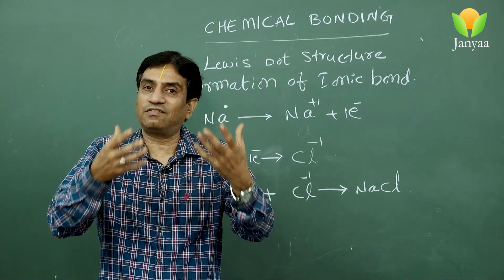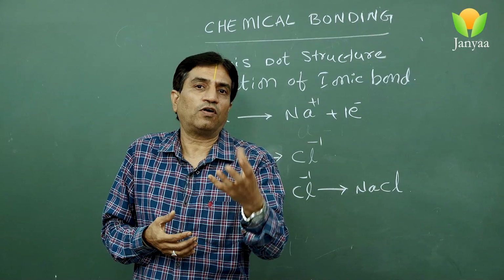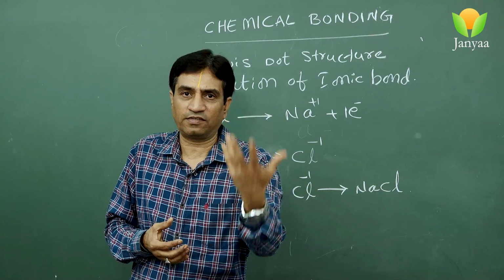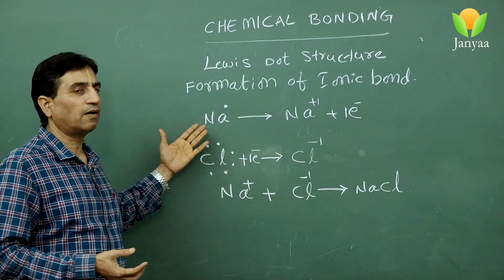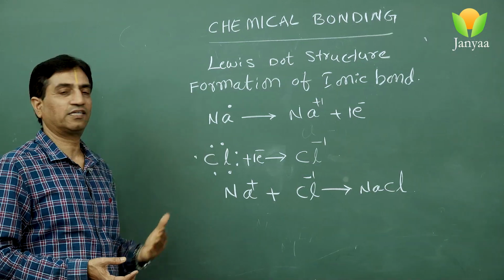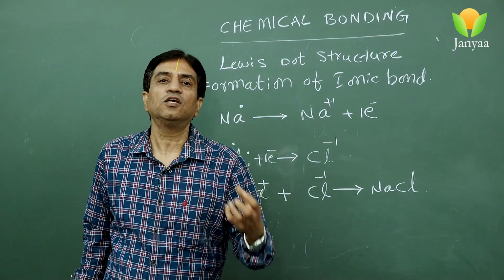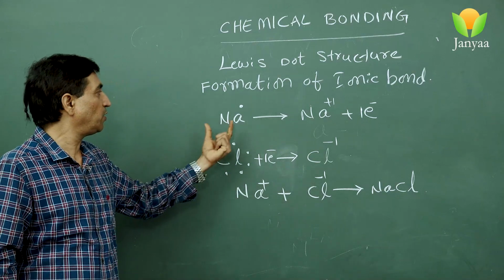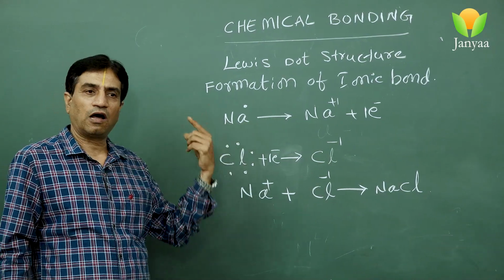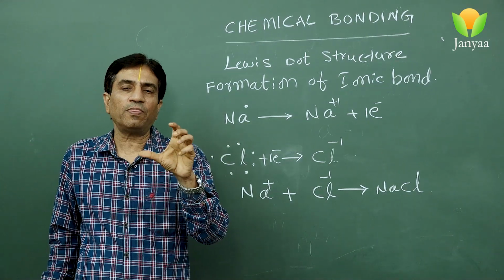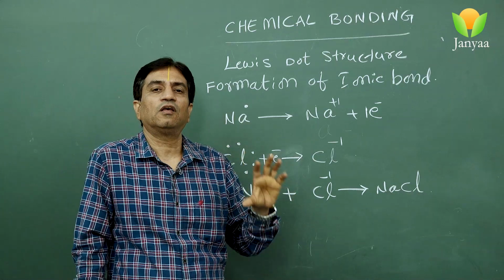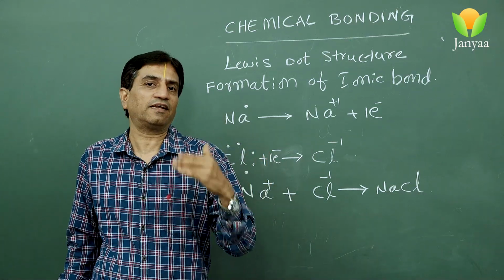To explain this, we will go through one example. The best example for the formation of an ionic bond is sodium chloride. Sodium's electronic configuration is 1s2, 2s2, 2p6 and 3s1.